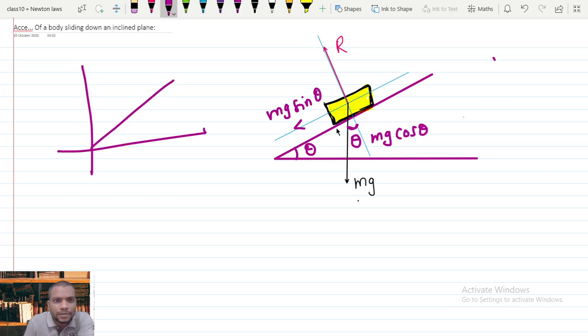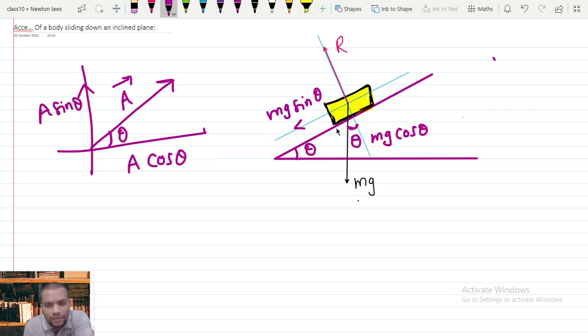If a vector a is making an angle theta with the horizontal, it has a component a cos theta along the x-axis and a component a sin theta along the other side. Like here, the weight mg is also making an angle theta, so that's the reason we get mg cos theta and mg sin theta here.